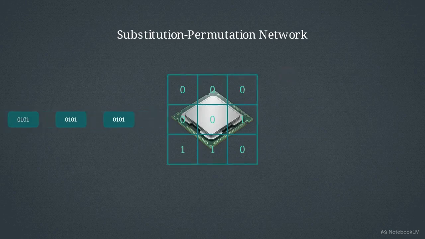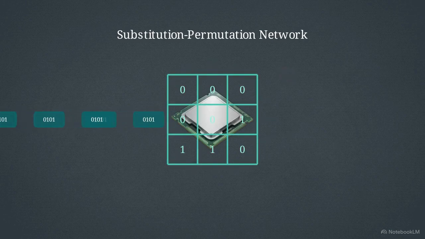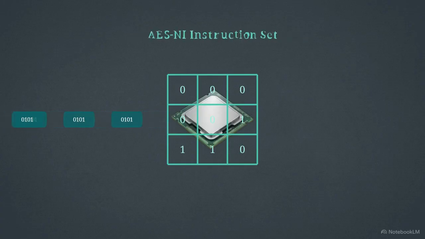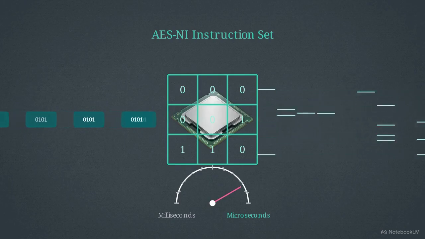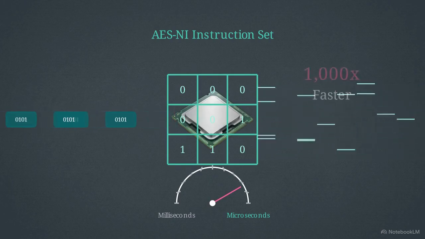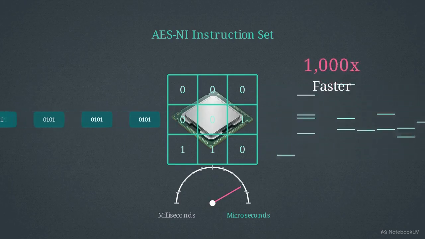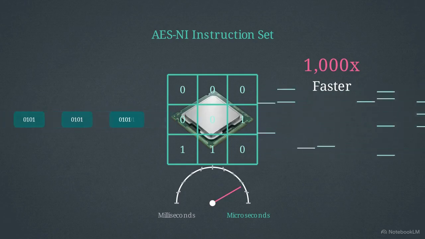These mathematical processes are highly amenable to hardware optimization, directly mapping to dedicated CPU instructions like the AES-NI set. Because the math is executed directly at the silicon level, these operations complete in microseconds. That makes symmetric encryption approximately 1,000 times faster than asymmetric alternatives.